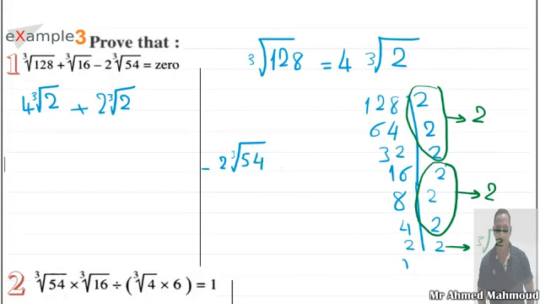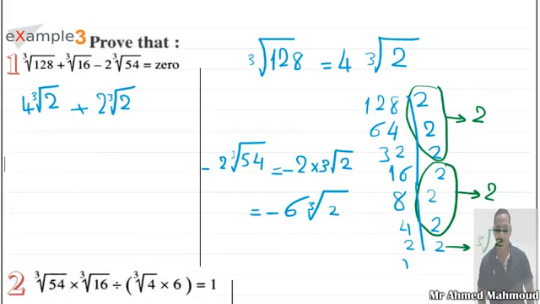It equals negative 2 times cubic root 54, which as I explained before equals 3 cubic root 2. It equals negative 6 cubic root 2.